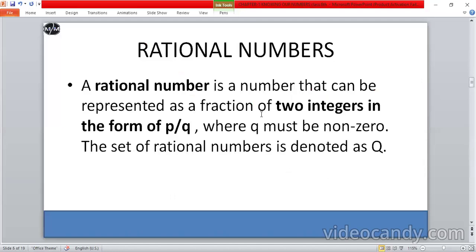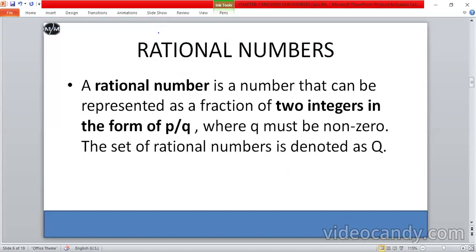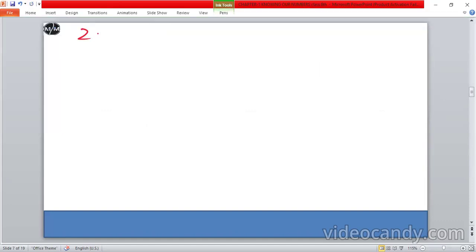Next, our topic, rational numbers. What are rational numbers? A rational number is a number that can be represented as a fraction of two integers in the form of p upon q, where q must be non-zero. You know what the integers are: from negative infinity to positive infinity, including 0 also.